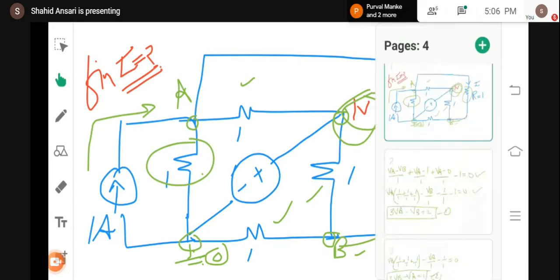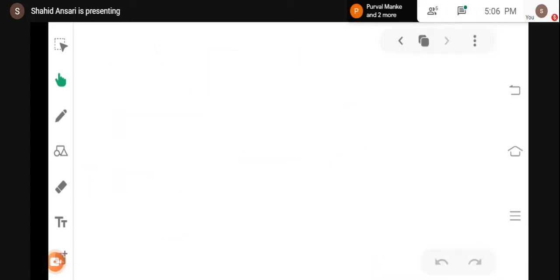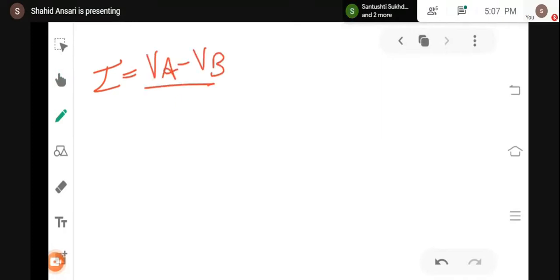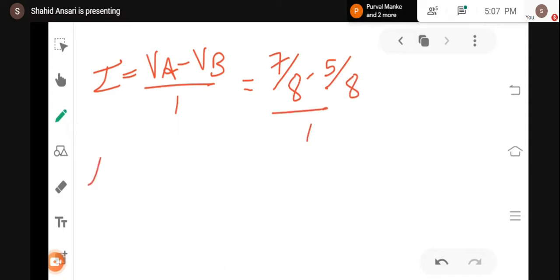Try to get the value: 7 by 8 minus 5 by 8 divided by 1. So this I is 0.25.